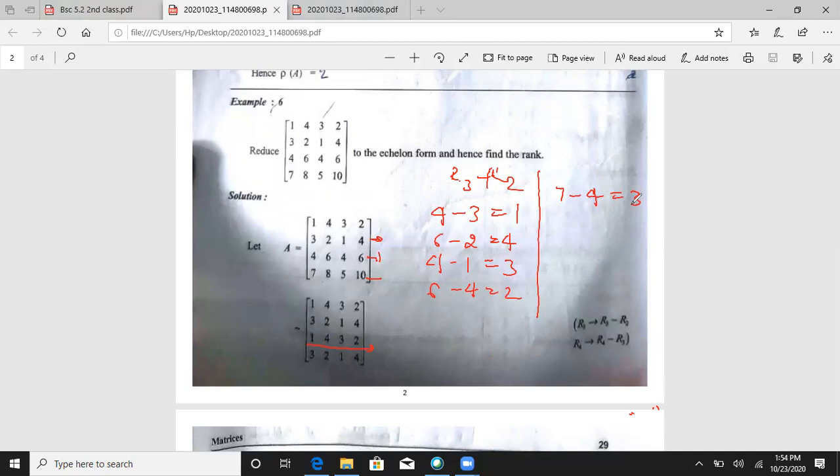Next, 8 minus 6 is 2. Then 5 minus 4 is 1. Then 10 minus 6 is 4. I write here 3, 2, 1, 4.